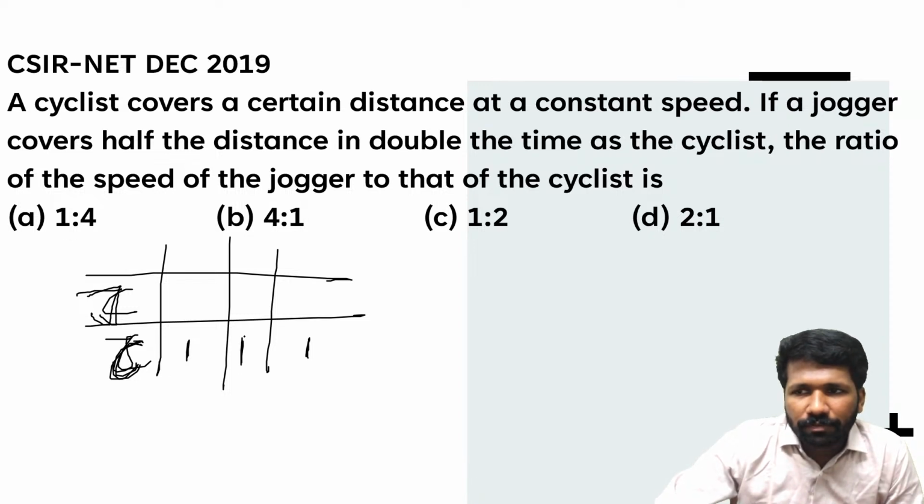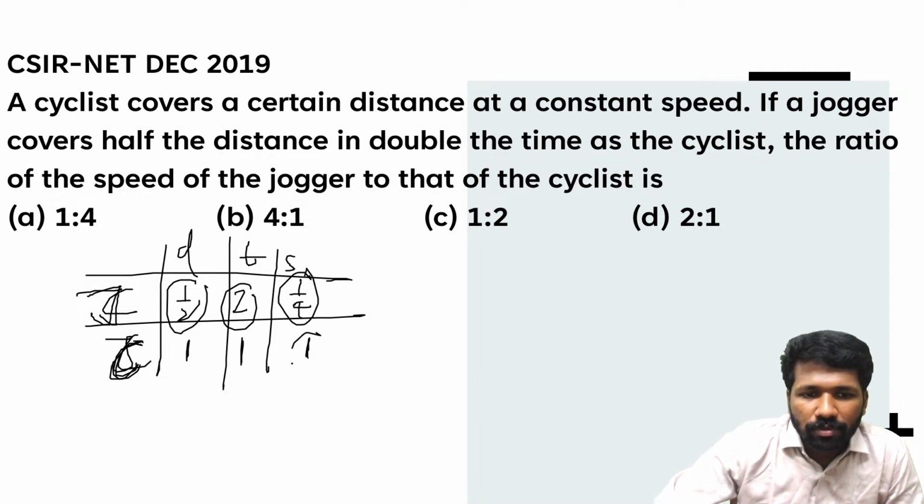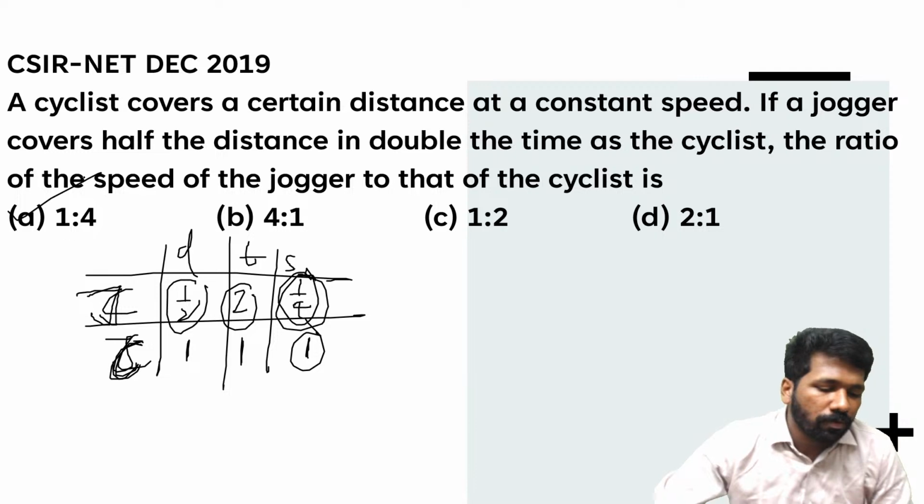Now in the case of jogger, it is half the distance. So distance is half, time is 2 times. So 2 times 1. So speed will be what? Distance by time, half by 2, that is 1/4. So 1/4 by 1, 1:4 is the answer.